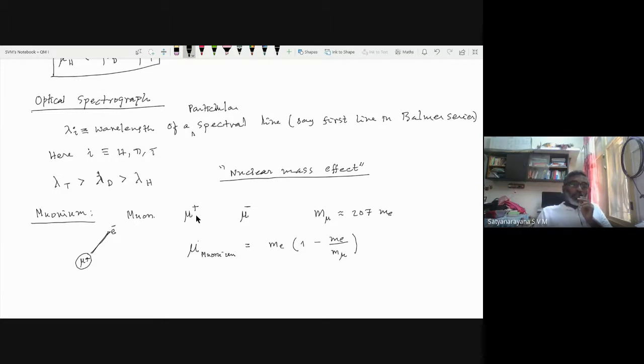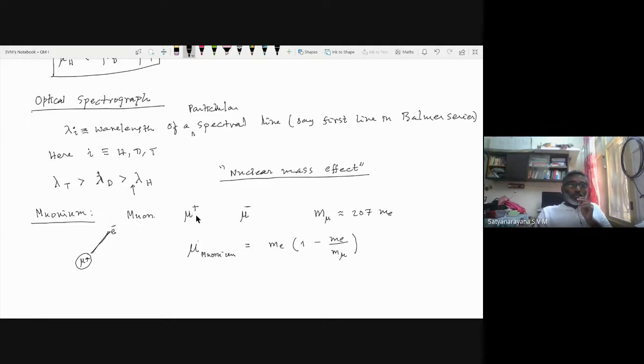And if you calculate this optical spectrograph, then you will see that this one is much closer to hydrogen. That means it will come somewhere here.